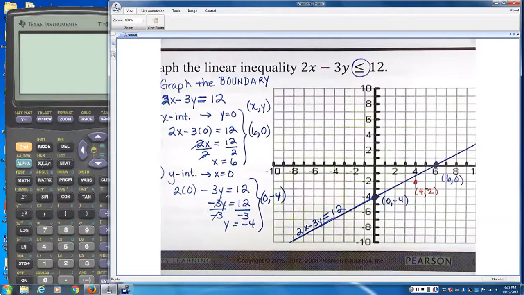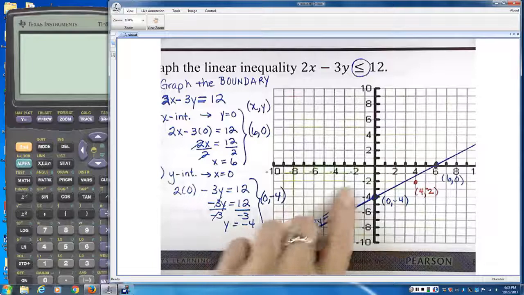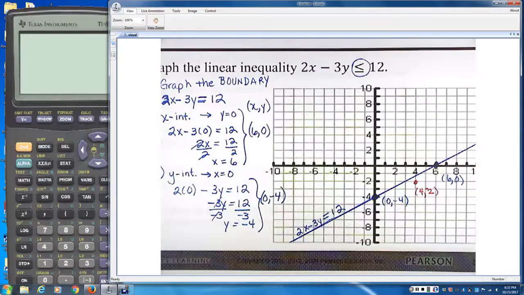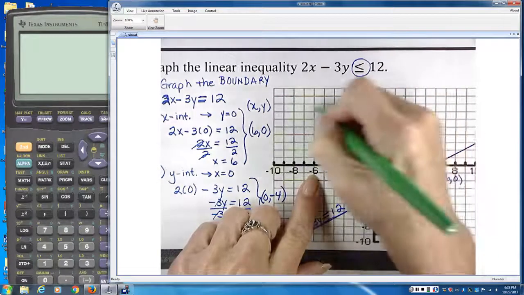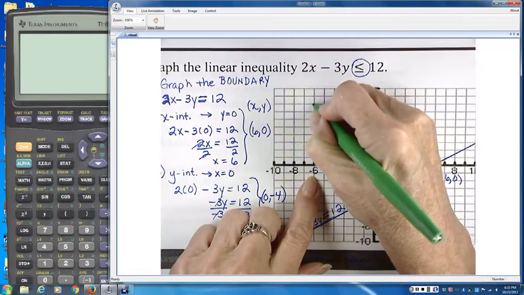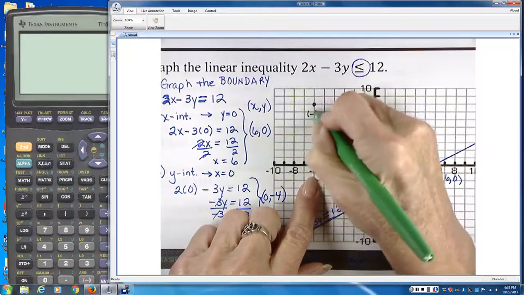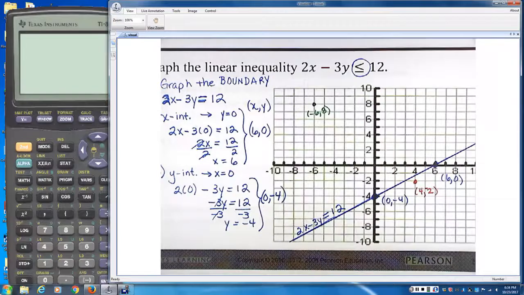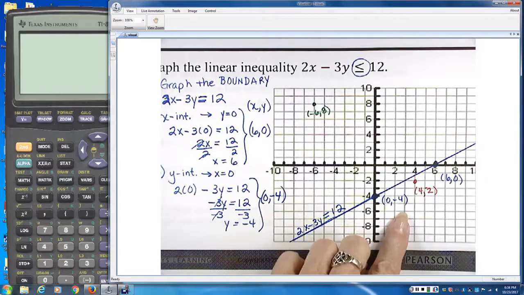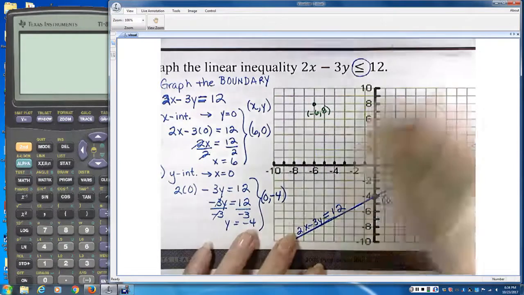So there's 4, negative 2. Somebody pick me a point on the other side of the line. Negative 6 and up to 8. Now, when we've chosen those 2 points, those are called test points.